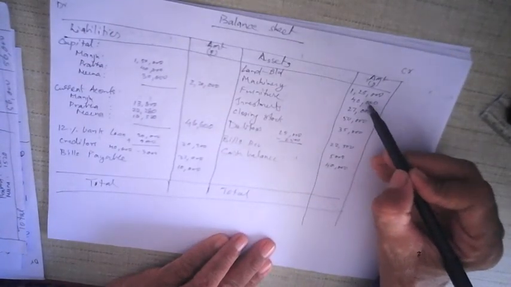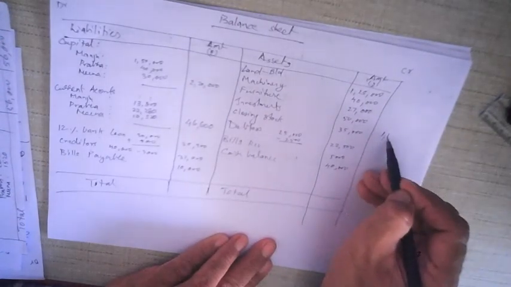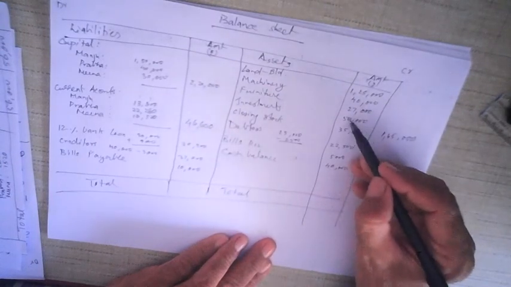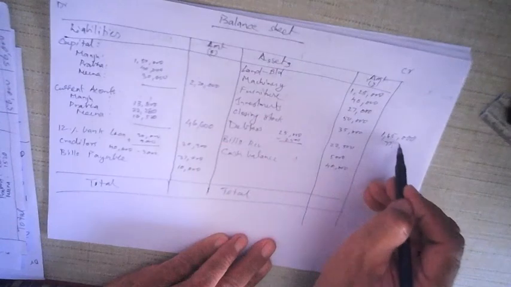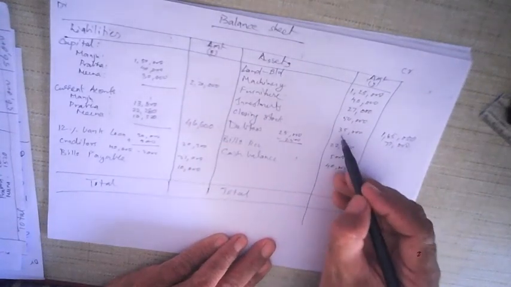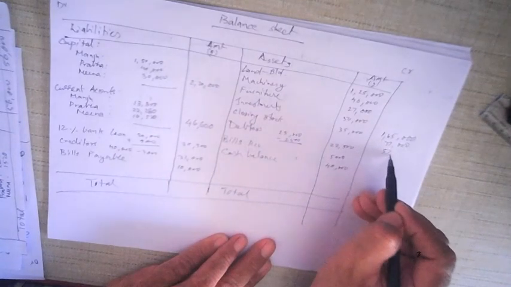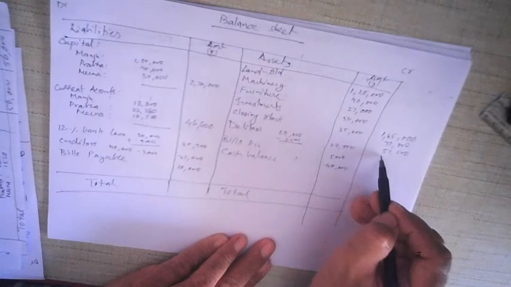1,25,000 plus 40 is 1,65,000. I'm not going to use the calculator. 1,65,000, 50, 70, 77,000. Then 30 and 20, 50, 55 and 57,500, and 5,000 and 40, 45,000.